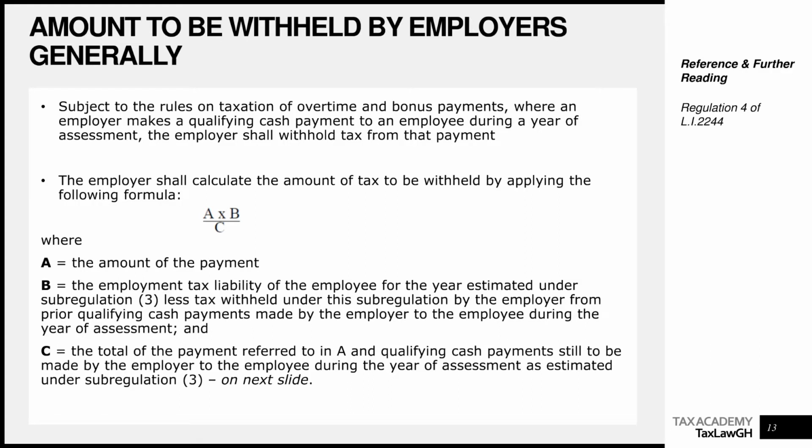So essentially, A is how much the employer is paying the employee. B is the tax liability of the employee for the year, less any tax the employer has already withheld and paid to the GRA. And the C part is the total of the A figure and any remaining payments the employer is yet to make to the employee during the year.